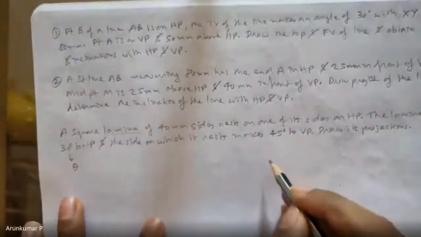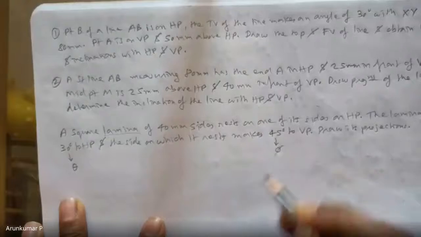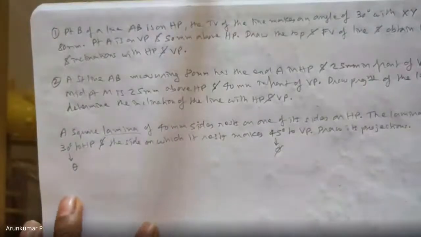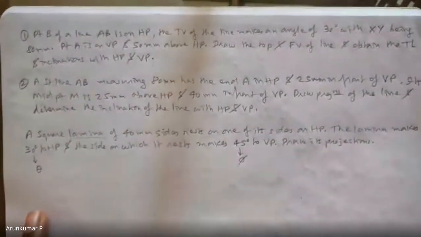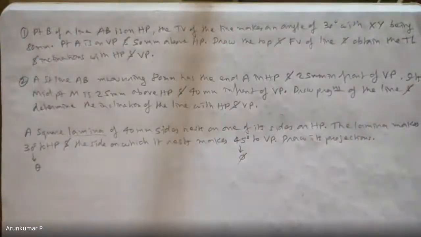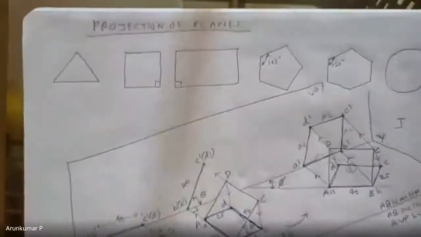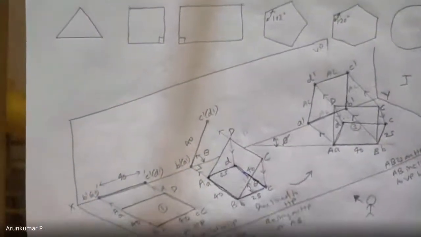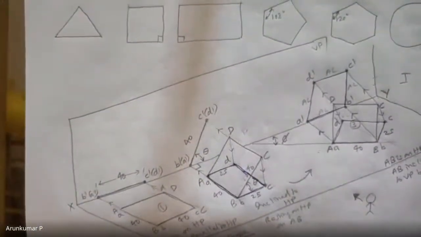So 45 degrees is phi. Let us solve this, and let us keep this as a reference so that at any point of time we want to refer to this, we should be able to do it.